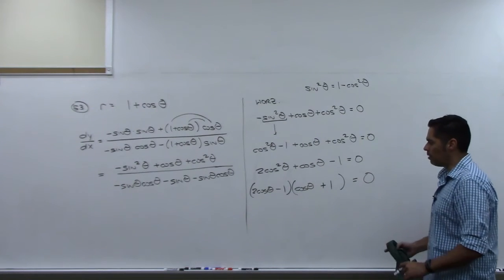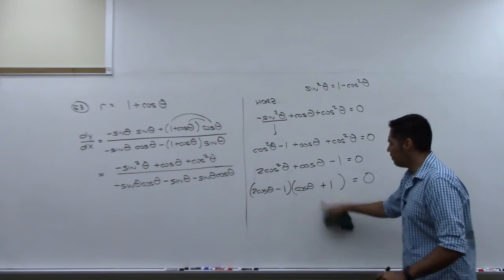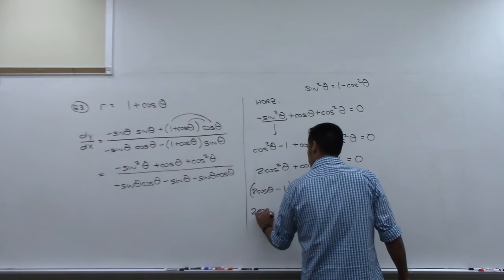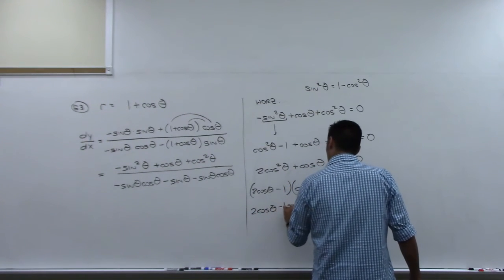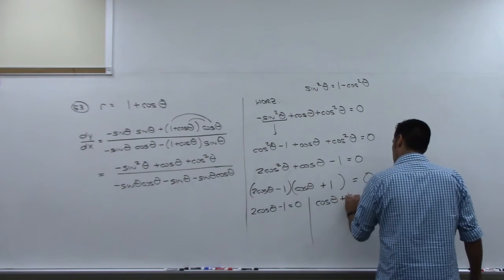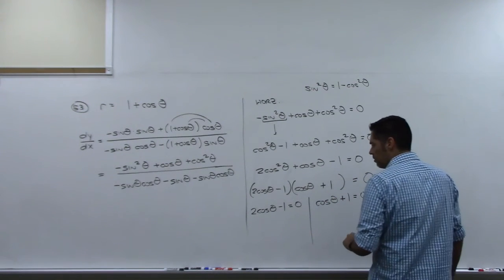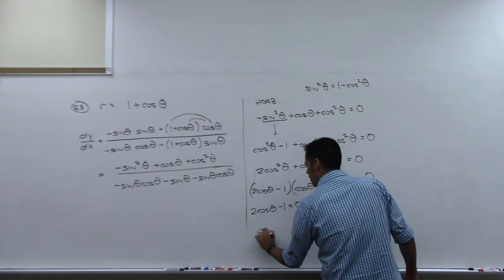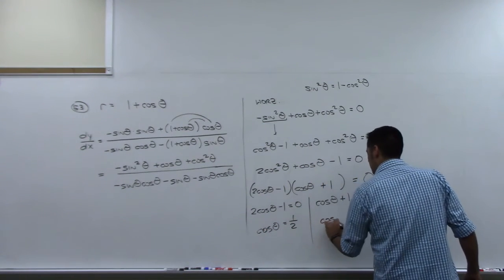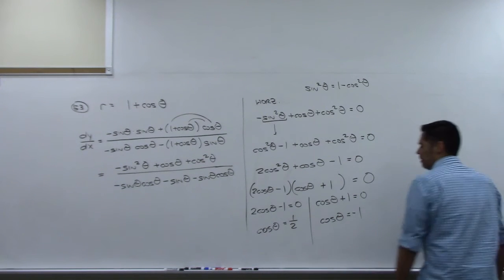So that works. Set each of these equal to 0. So when I set this equal to 0, and set this one equal to 0, I should be able to get some general solutions here. So this is going to be cosine theta is a half, and this one is cosine theta is negative 1.